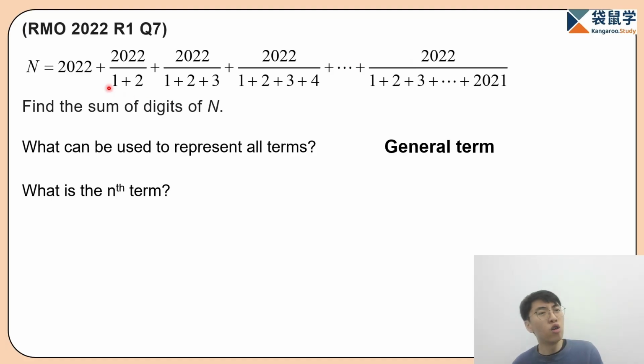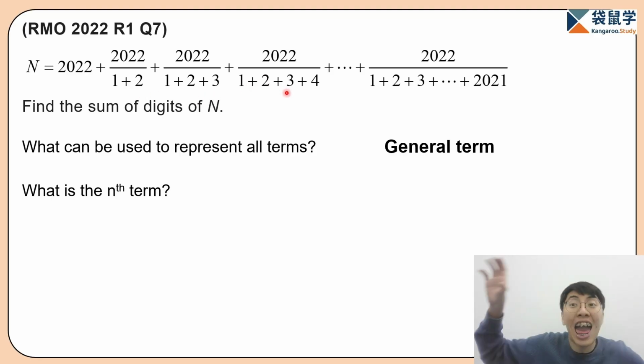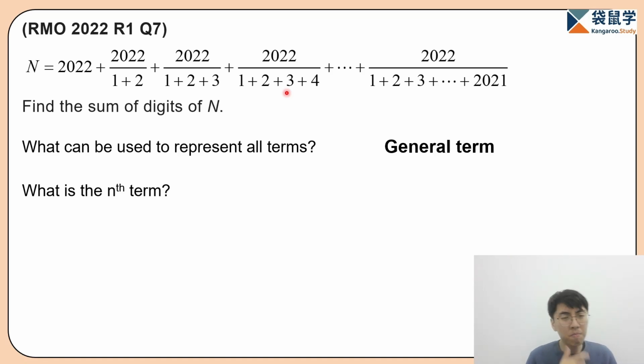Let's think. The first one is 2022 over 1. The second one is 2022 over 1 plus 2, and so on, right? So if I reach the nth number at the end, what should be the denominator? Everyone, take a moment and think about it. I believe all of you are able to know that the last one will be 1 plus 2 plus 3, all the way until n.